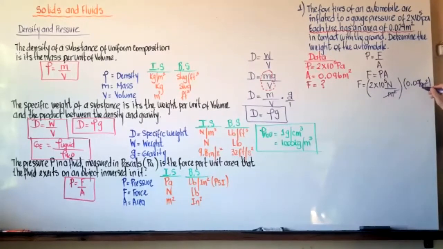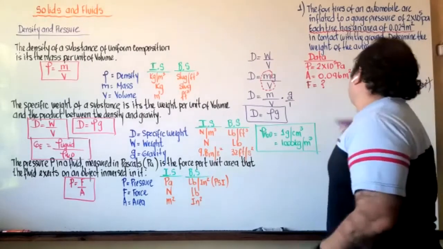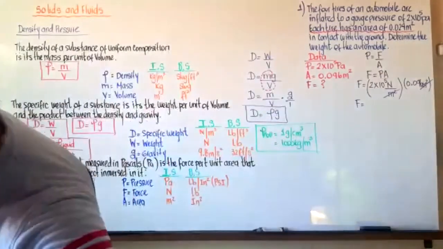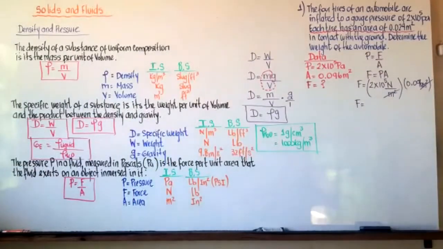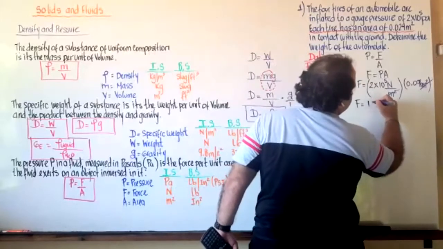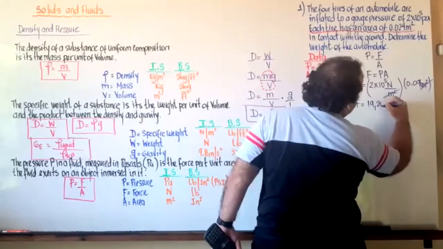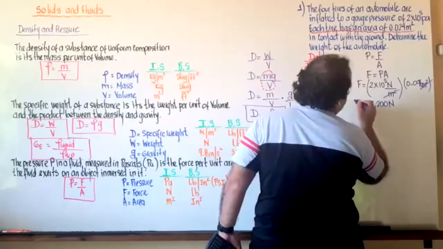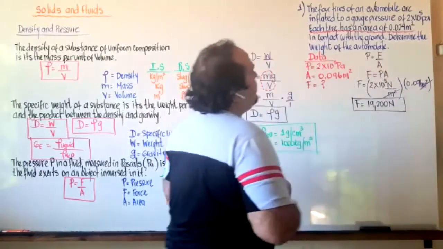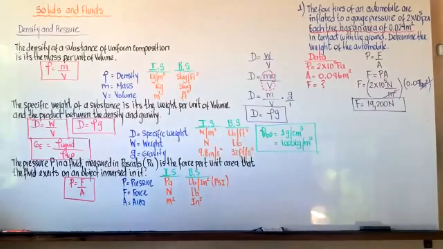And square meters with square meters cancel in this situation. The quantity of force that we are looking for will be 2 times 10 to the 5th power multiplied by 0.096. The answer will be 19,200 newtons. And that's it. That's all that we have to do in this situation.